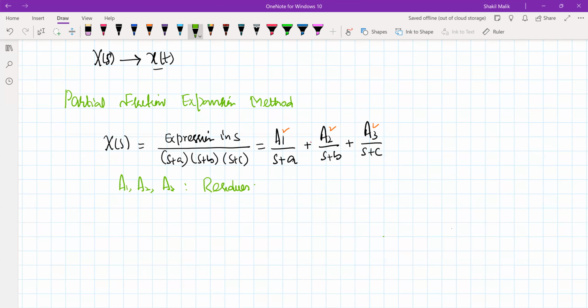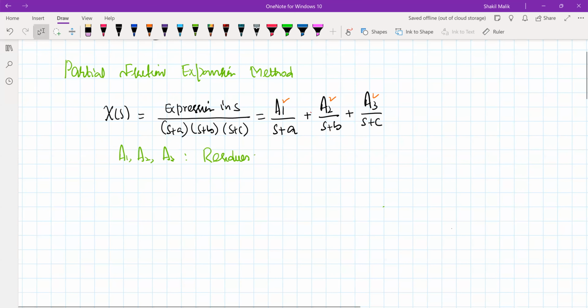Once we have found the values of these residues, we can write the inverse Laplace transform very easily, because we know the inverse Laplace transform of 1 by (s+a) is simply e to the power of minus at u(t). So we can find the inverse Laplace transform very easily.